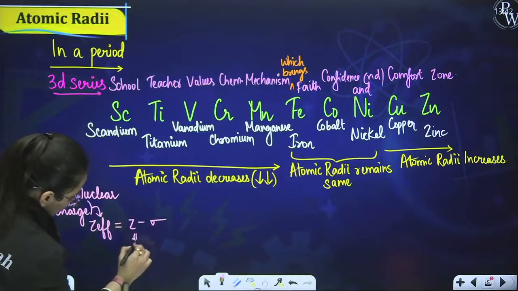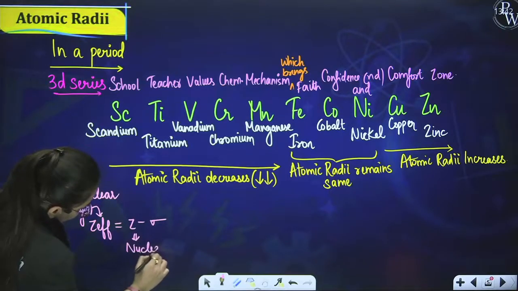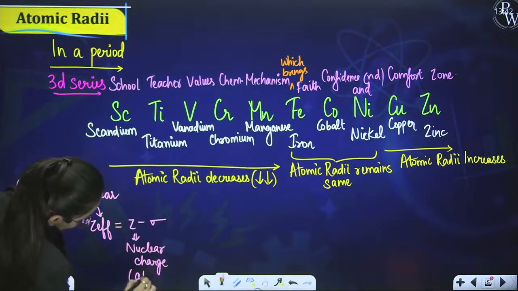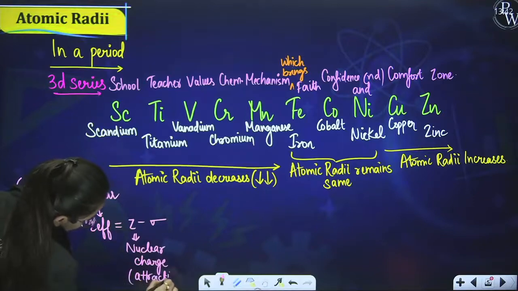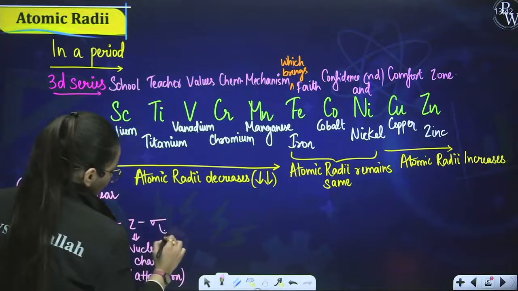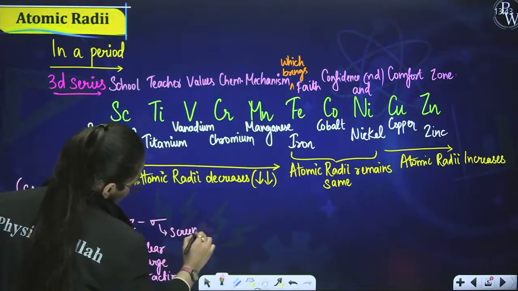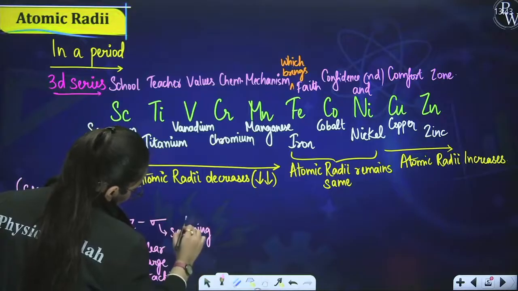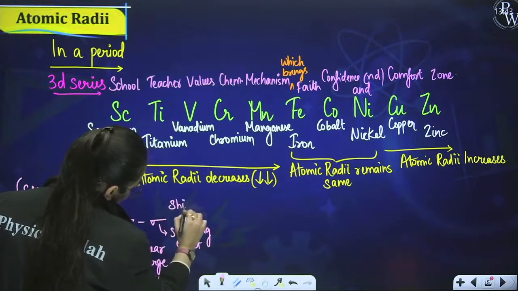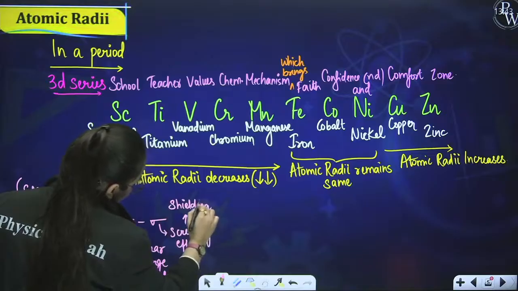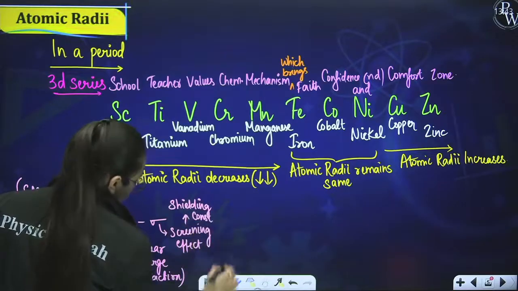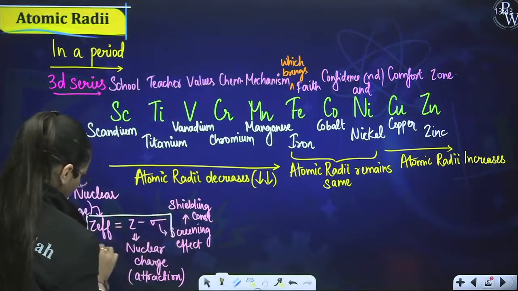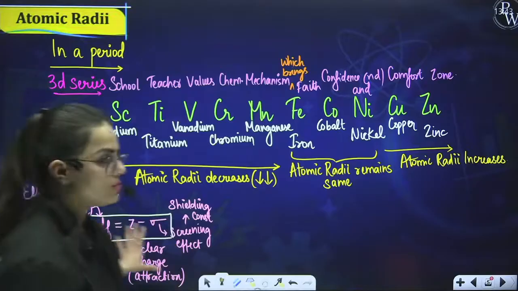Z over here is referred to as nuclear charge, or you can say the attractive forces or the attraction that is occurring. And the sigma represents the screening constant or the shielding constant. Now I will explain these terms one by one.